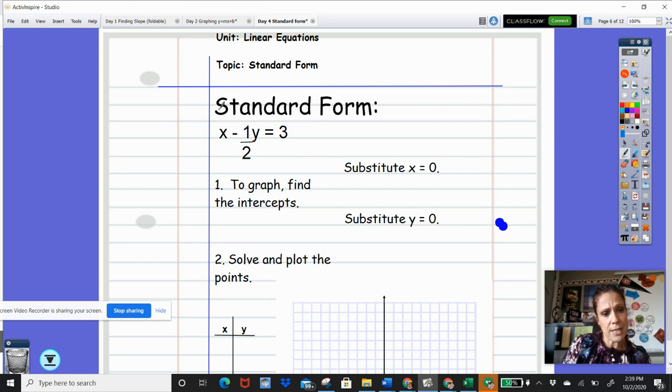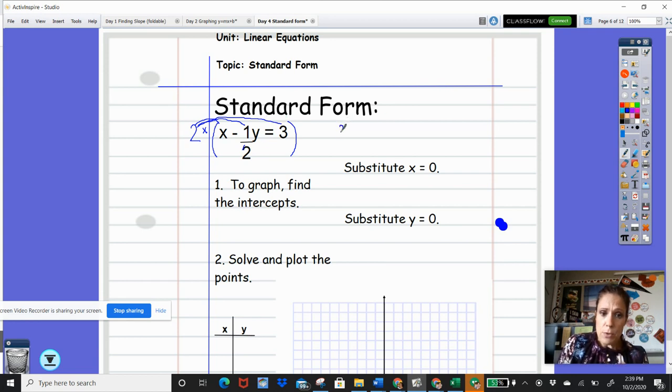If you have something that has a fraction, it's like when we were solving with a fraction in the equation. I'm going to double everything so that I can get rid of that fraction. I'm going to take my parentheses and multiply everything by 2 and distribute to each term.